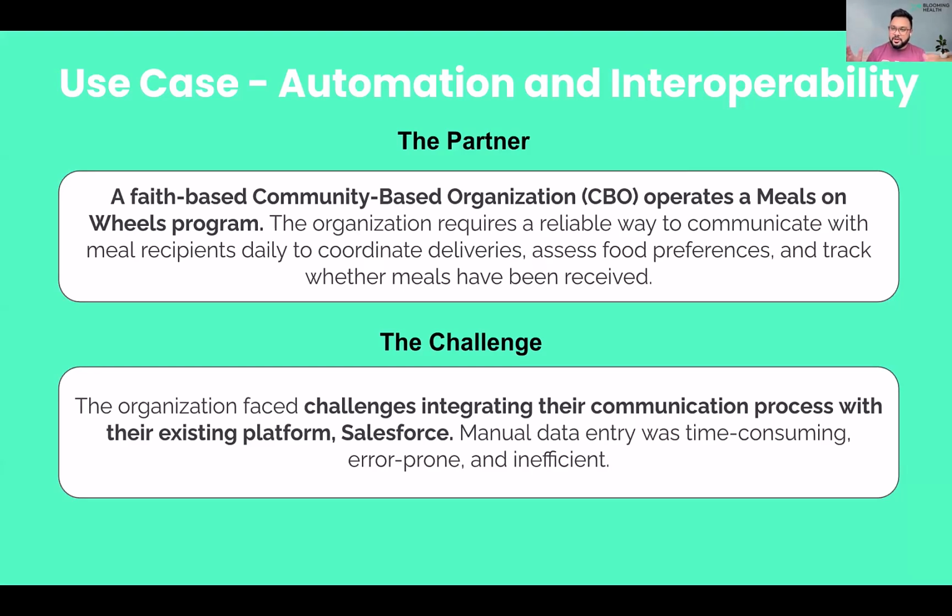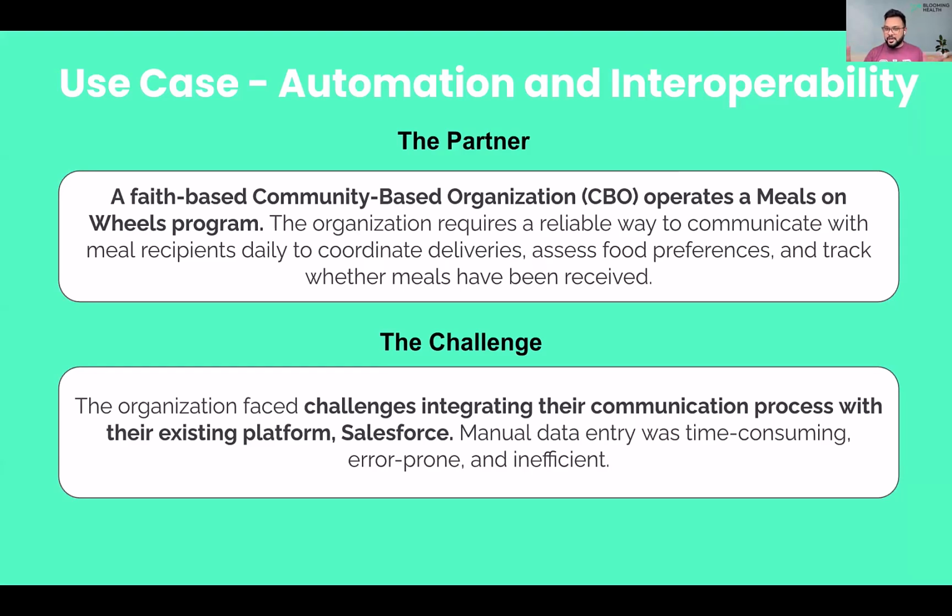But the primary challenge here is that the primary system they have been using is Salesforce. It's really challenging for staff members to go through multiple tools at their end. If Salesforce is their primary system, and they now have to use other tools as well just for certain activities, it increases the burden on the staff.